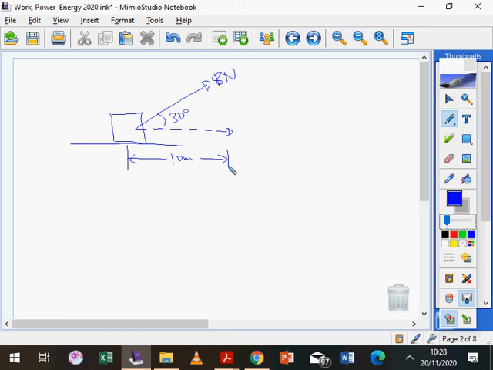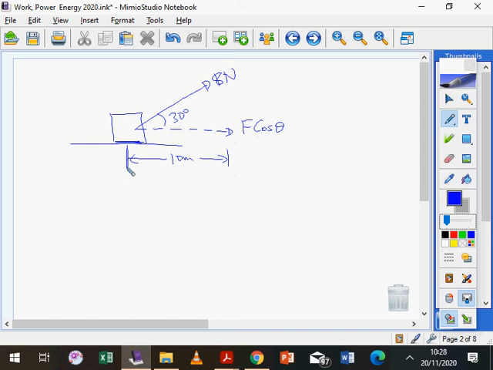That would be this horizontal component of the force, which is called F cosine theta, because that's the force that's causing the motion. Displacement is still 10 meters.